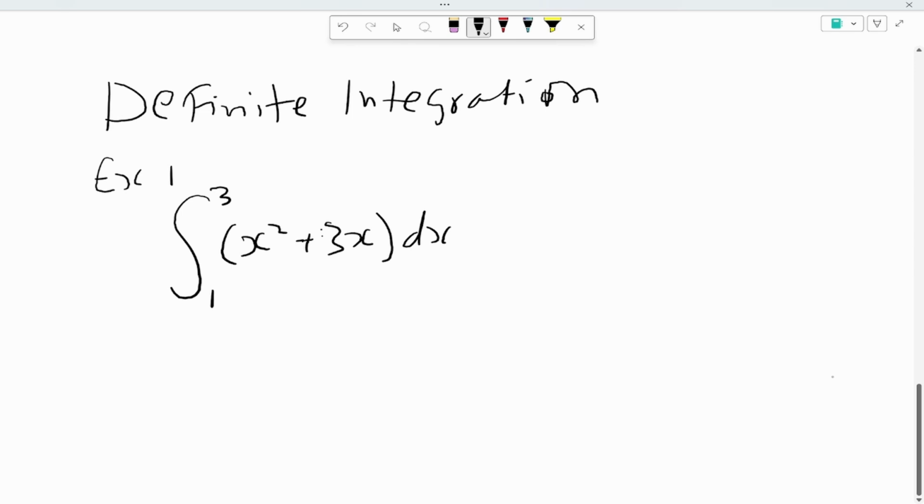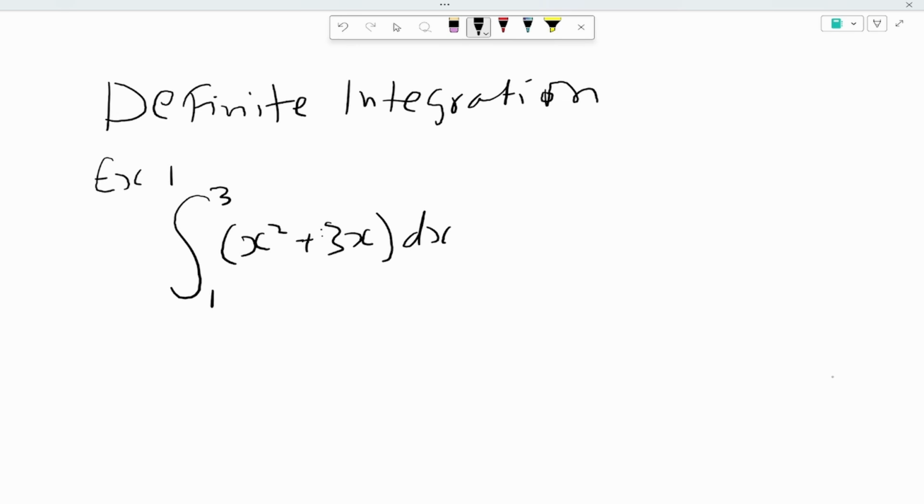What makes it different from the indefinite approach is that we are going to substitute the upper limit for x while integrating on one part, and you also substitute the lower limit for x on the other part, and then you find the difference between them.